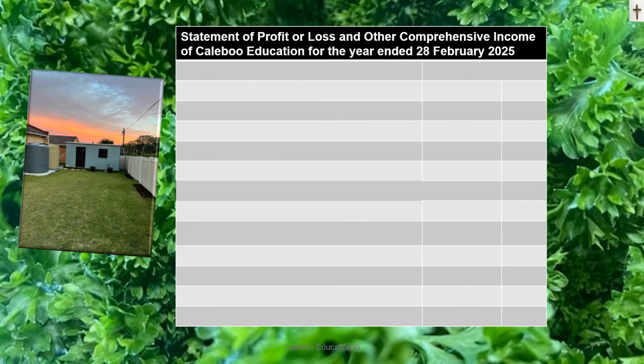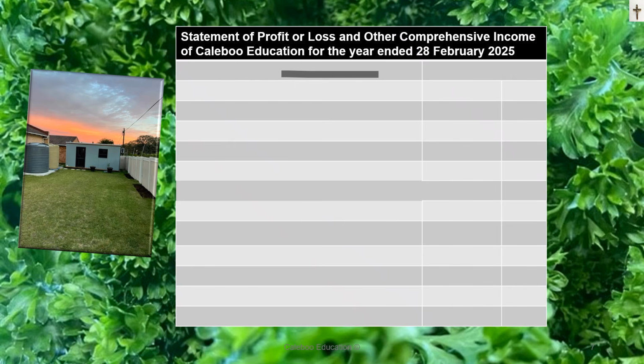Right, in the exam, you are given a statement of profit or loss and other comprehensive income of a business for the year ended. You will not be given the headings, but I'm telling you now, if you don't know the little headings, you're going to be stuck.